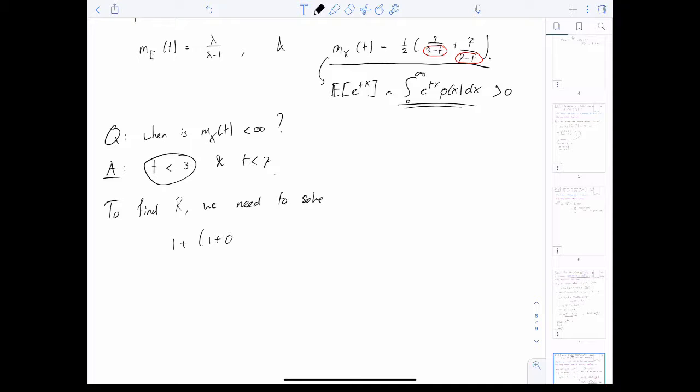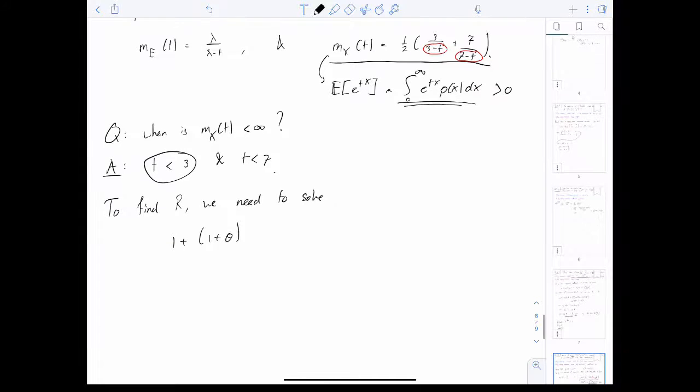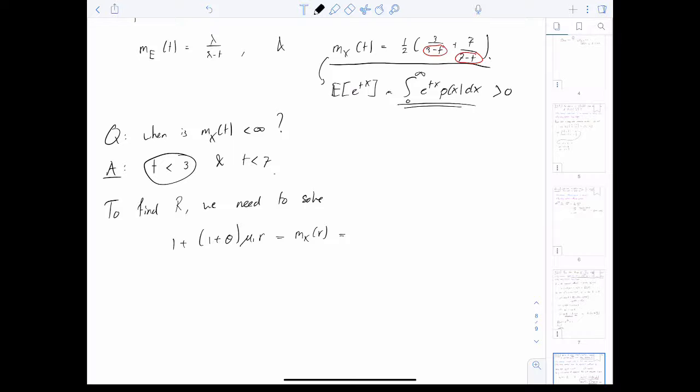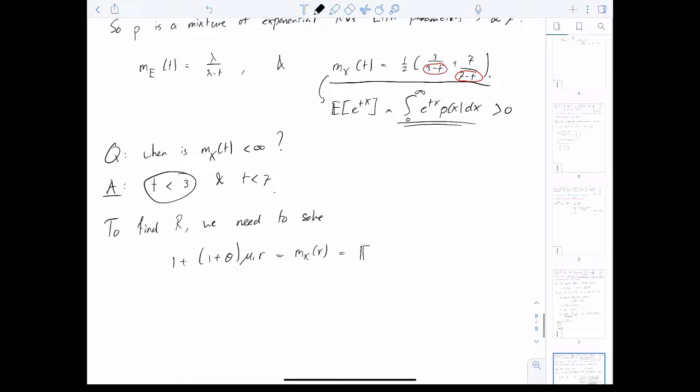Capital R is the solution to the equation 1 plus theta times mu1 times r equals M_X(r). Right, so capital R has to solve this equation, where this M_X(r) is what we just computed, the moment generating function.